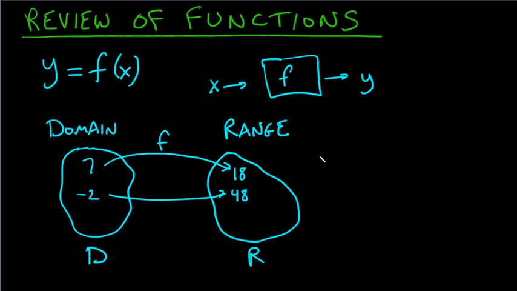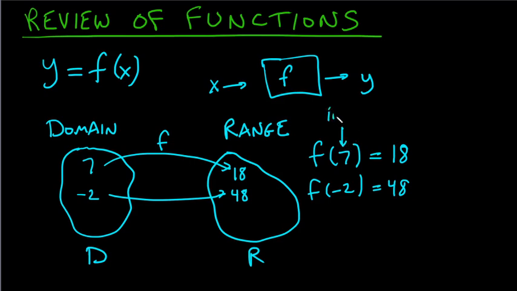So we would just say f of 7 is 18 and f of -2 is 48. So x is the corresponding input, and then the y's are the corresponding output.